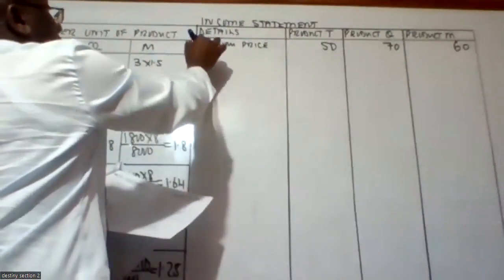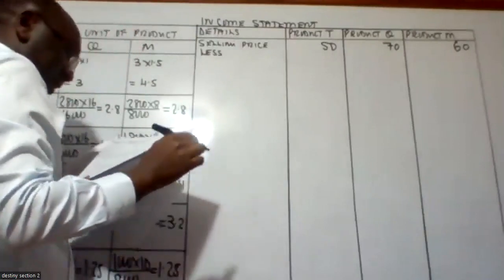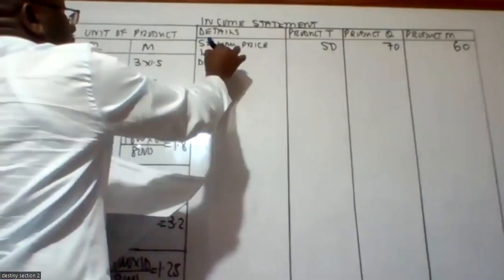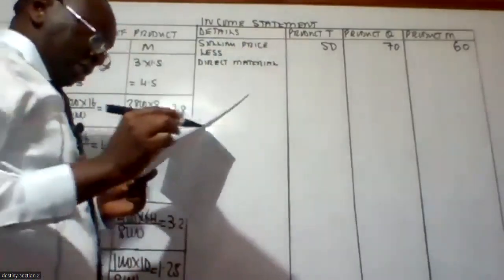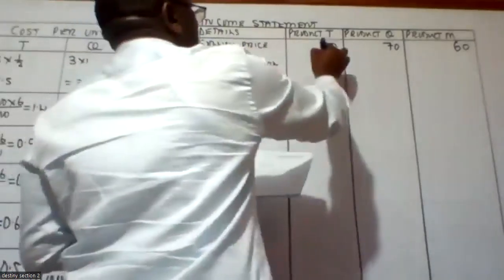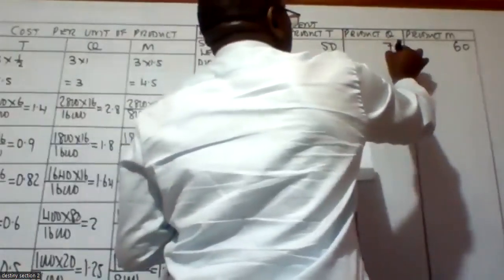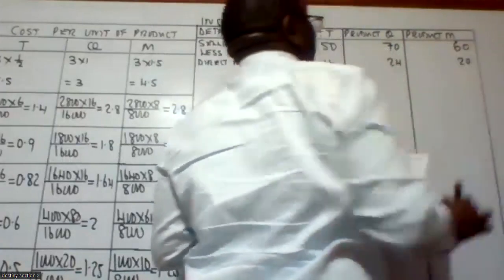Then you say less direct material costs, which is 15 here. We have 24 and we have 20.